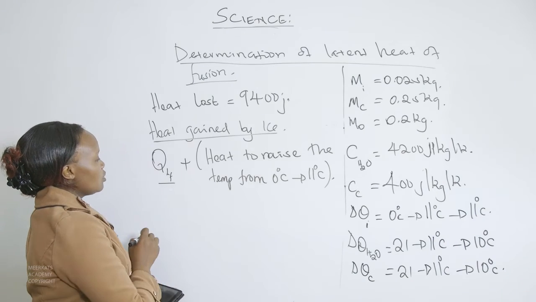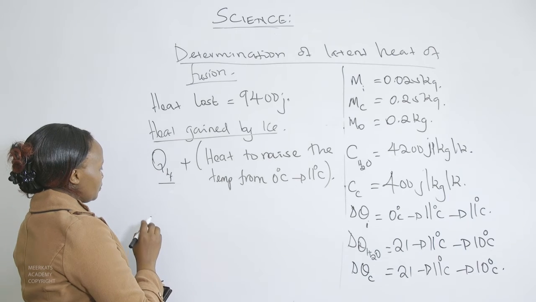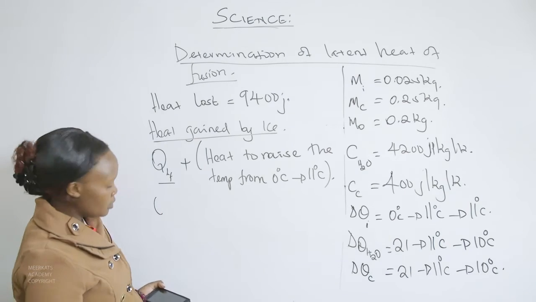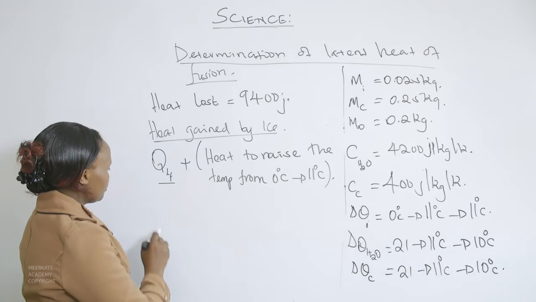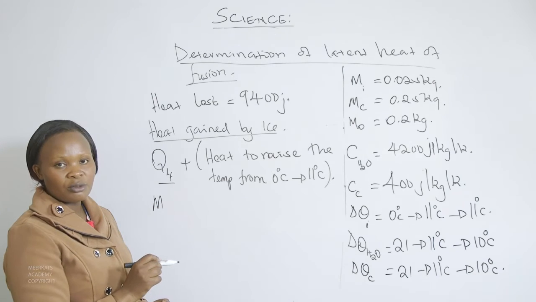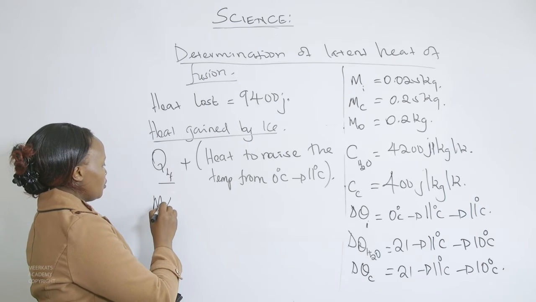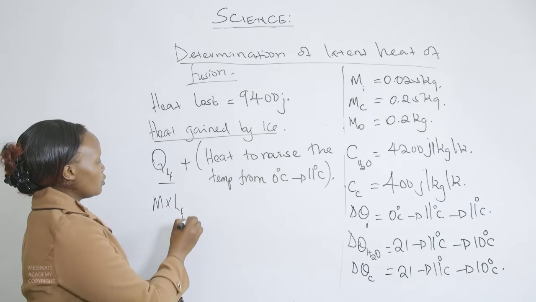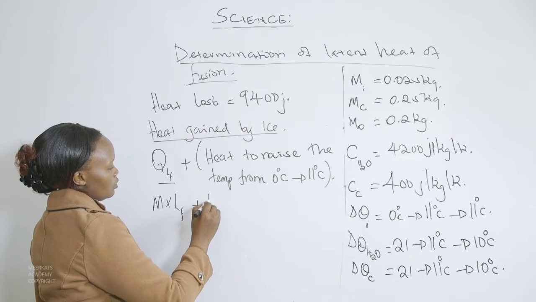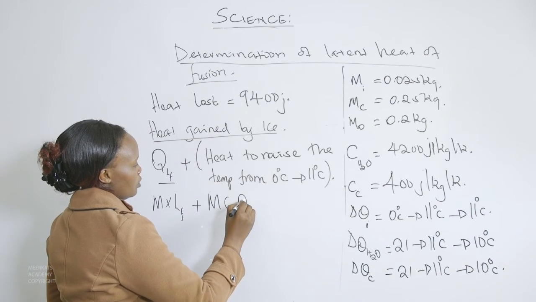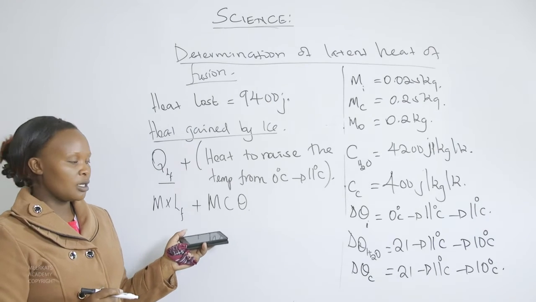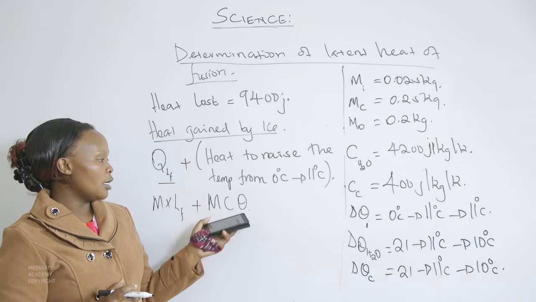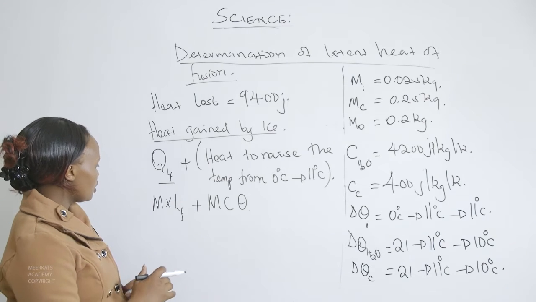Now, the latent heat of fusion is given by mass, and because this is specific, we multiply by latent heat of fusion of unit mass so that we can get the total. Then we add to it the mass multiplied by the specific heat capacity of now the melted ice and the change of temperature.